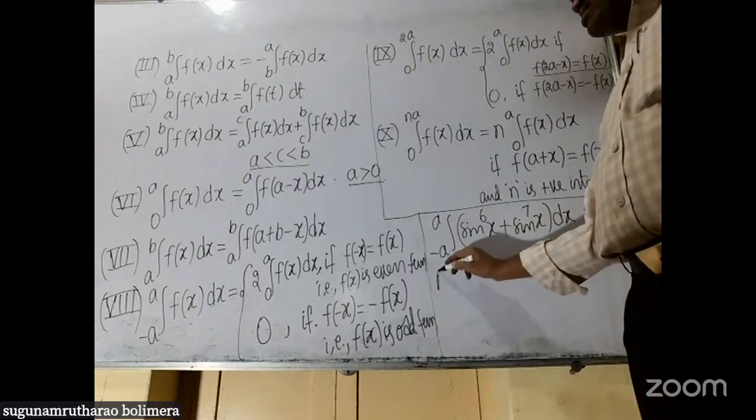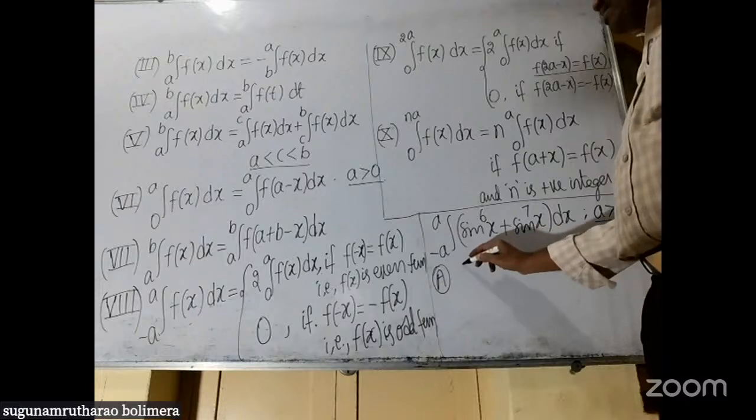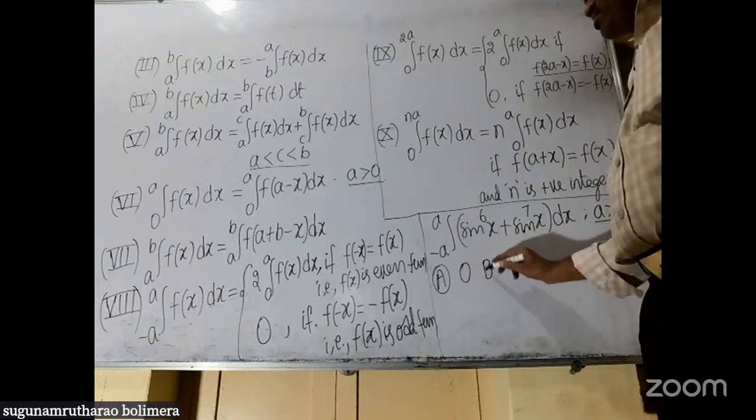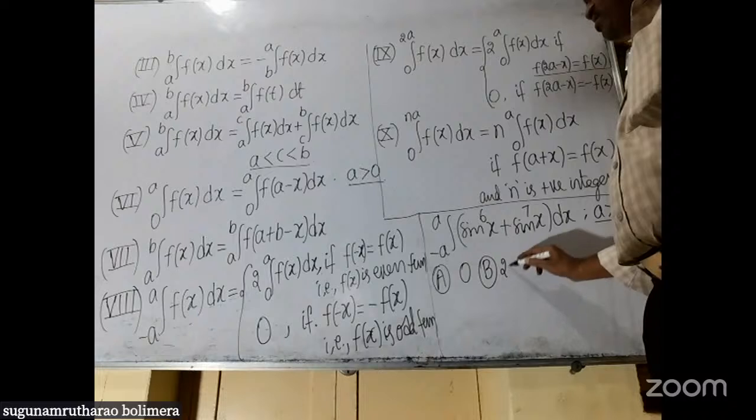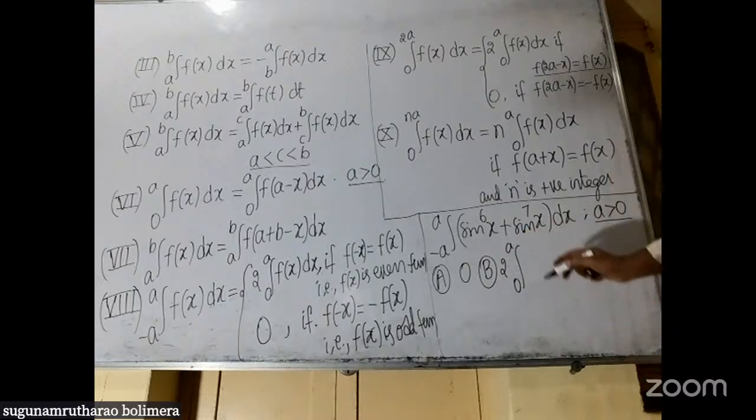Write the options. Option A: 0. Option B: 2 into integral 0 to a of (sine power 6x plus sine power 7x) dx.